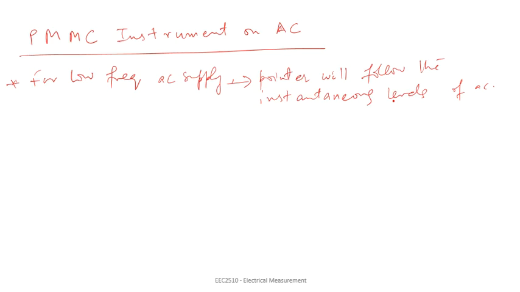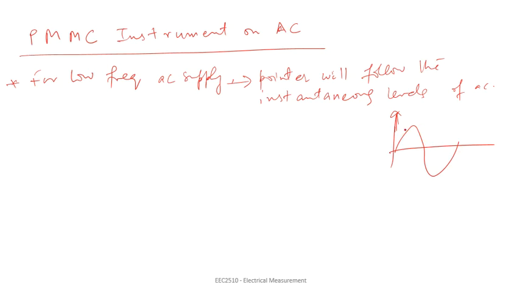Since it is following the instantaneous level, let us draw a simple AC supply. This is the AC supply, having a sinusoidal variation. It grows from 0 up to some positive level, then again decreases. So this is the variation, you already know.